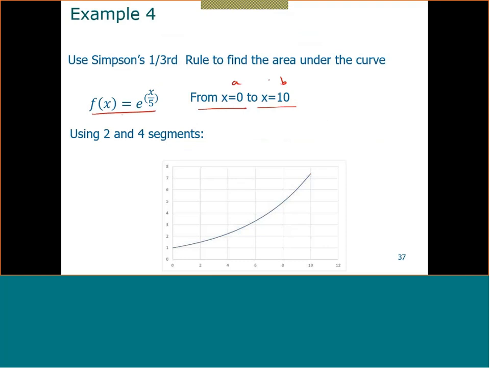Okay, so we need to find the integration, and we will use 2 segments and 4 segments. So for the 2 segments, definitely we will have in the middle 10 plus 0 over 2, which is at 5. So we'll have here 1 segment, and here the other segment.